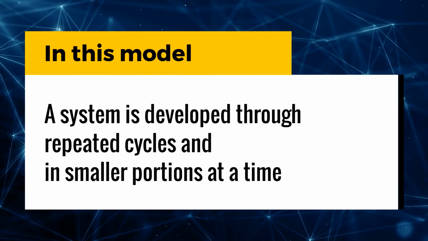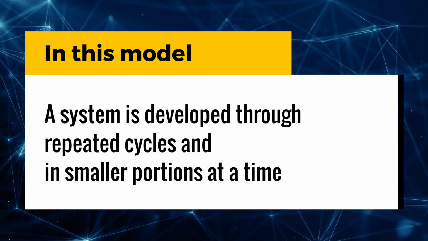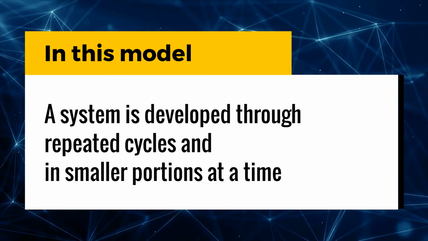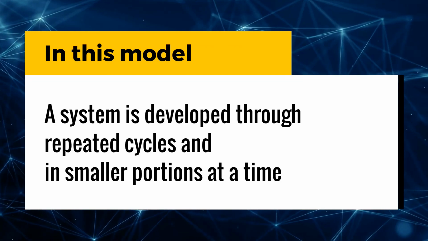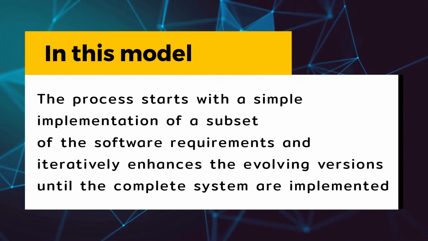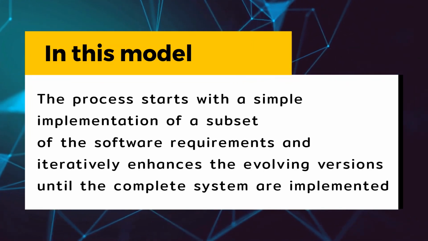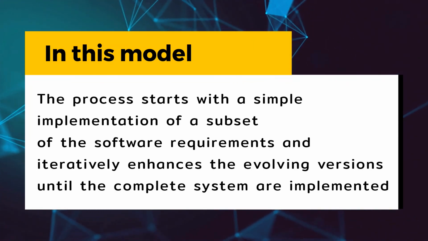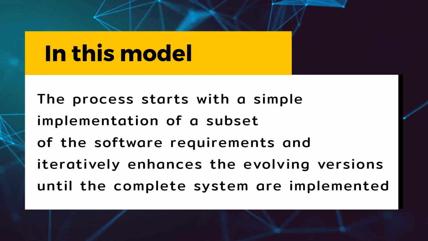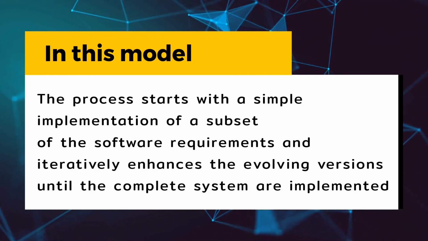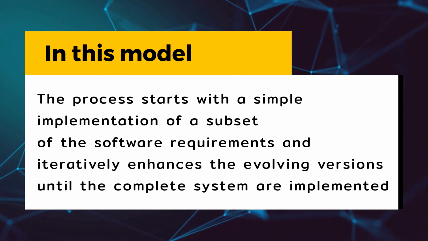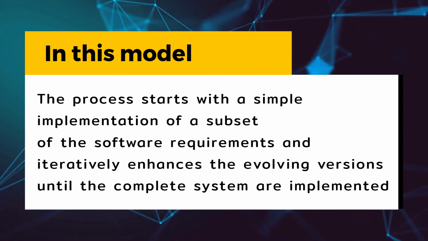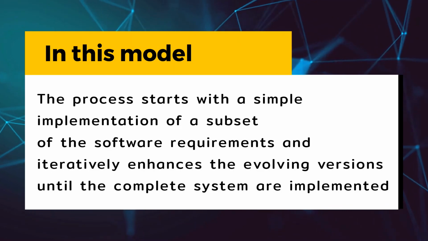By using this model, a system is developed through repeated cycles and in smaller portions at a time. In this model, the process starts with a simple implementation of a subset of the software requirements and iteratively enhances the evolving versions until the complete system is implemented.